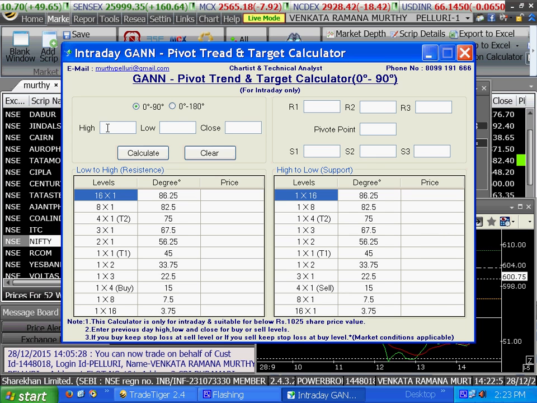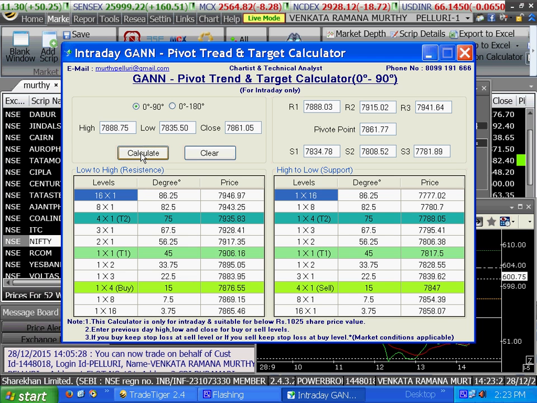The Nifty's high was 7888.75, then low was 7835.50, and then close was 7861.05. Now I am calculating with this new Gann pivot trend and target calculator.